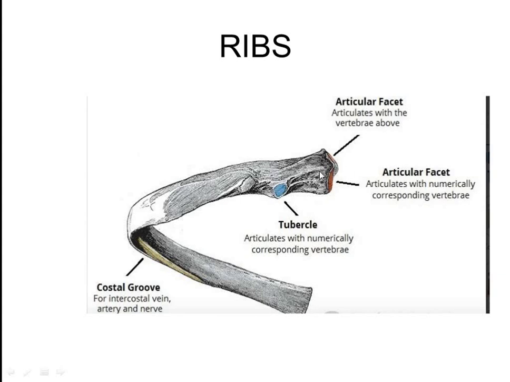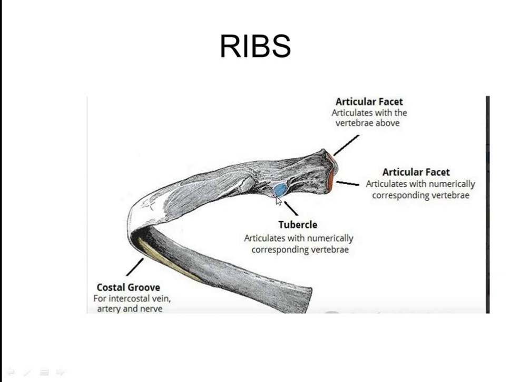Suppose this is the 5th rib, so this lower facet will articulate with the body of the 5th thoracic vertebra. And the upper, smaller facet will articulate with the vertebra above. So, if this is the 5th rib, then this upper facet will be for the body of the 4th thoracic vertebra, and the lower facet for the 5th thoracic vertebra.